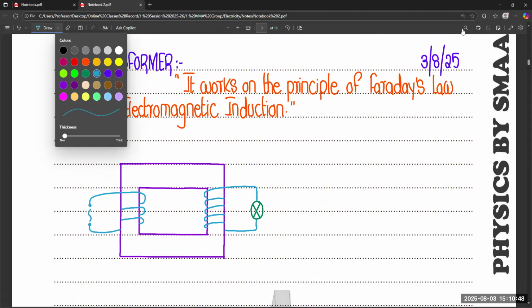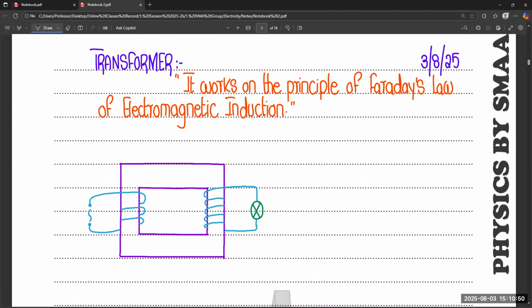So on the left hand side we have the voltage of the primary coil, and on the right hand side we have the voltage of the secondary coil.